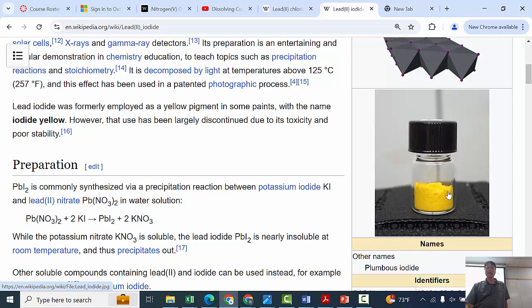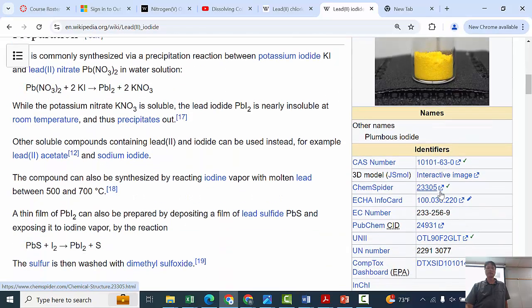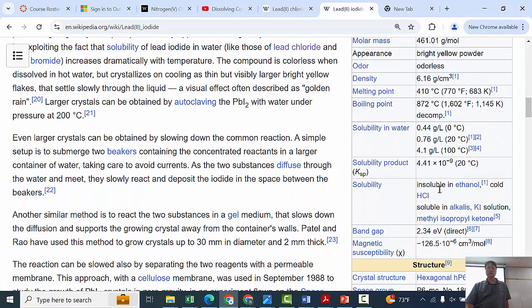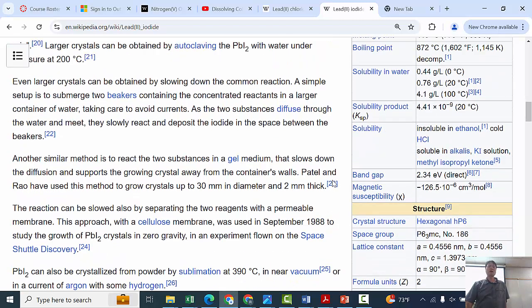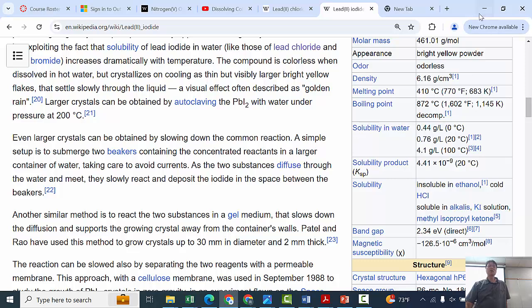This is lead-2 iodide, nice yellow, orange crystals. We'll compare it at 20 degrees C: 0.76 grams per liter. 0.76 grams per liter means 0.076 grams per 100 milliliters. So we got 0.08 versus 1, and it turns out lead-2 iodide is a lot less soluble.